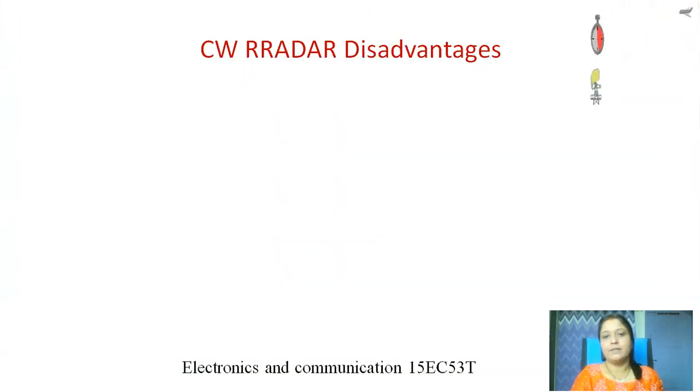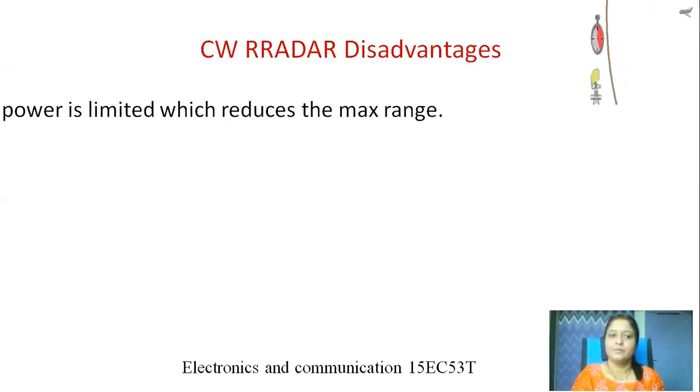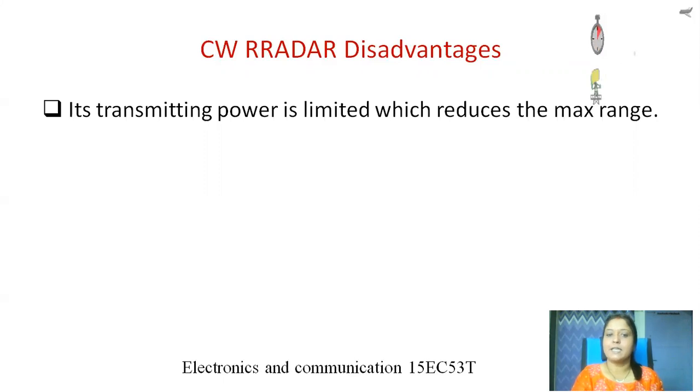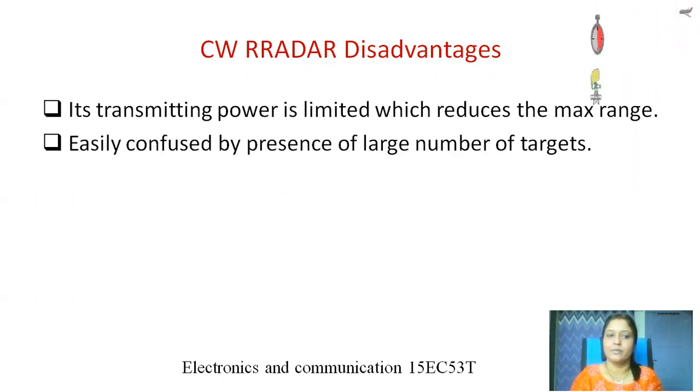Now the disadvantages of the continuous wave radar are, that its transmitting power is limited, which reduces the maximum range. It is easily confused by the presence of a large number of targets.